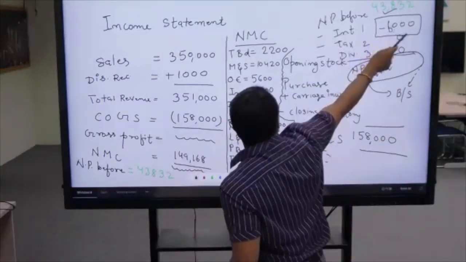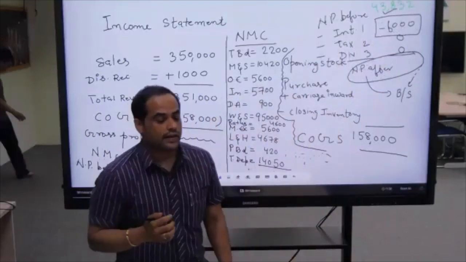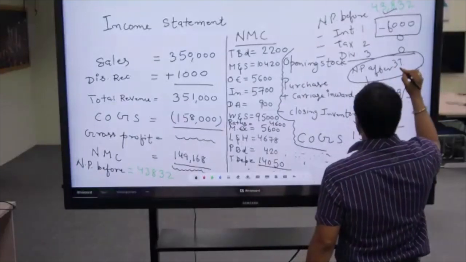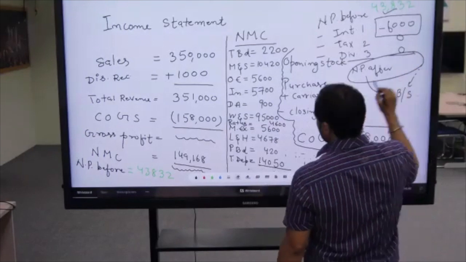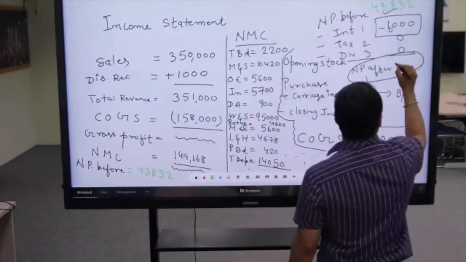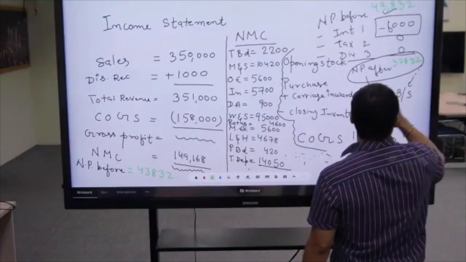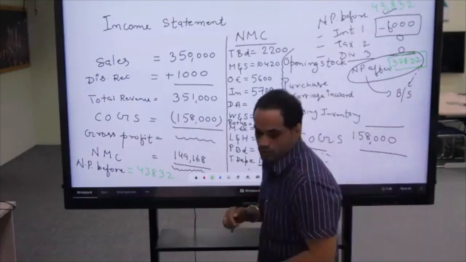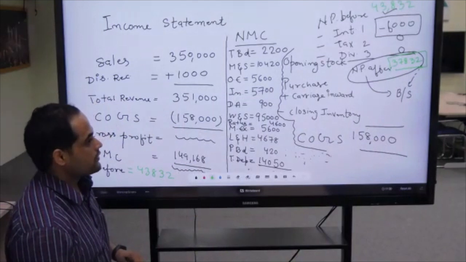This minus 6, how much? 37,832. All right, that is your net profit after, which will transfer to the balance sheet.